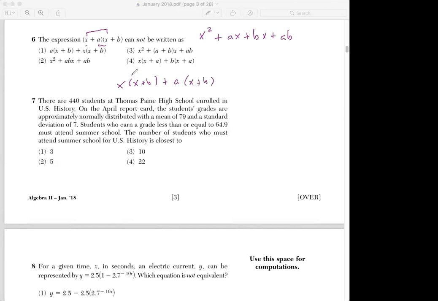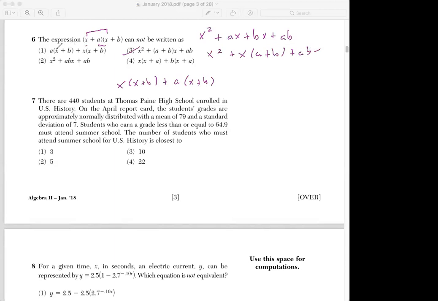Does that look like any of these? Try this. I'm going to factor out the x squared plus x times a plus b plus ab. So it can be written like this, because these are the same.